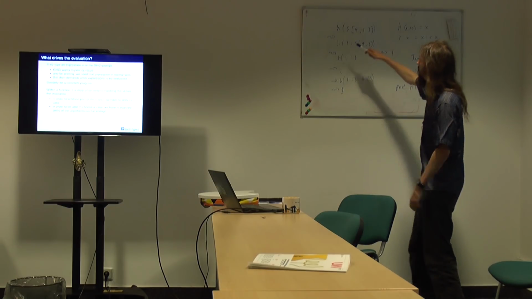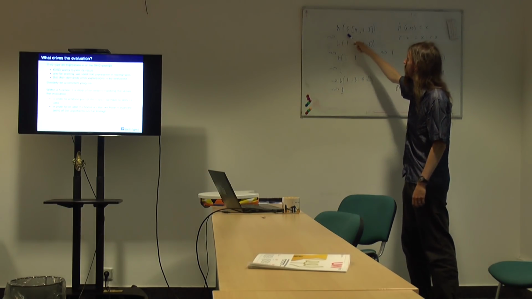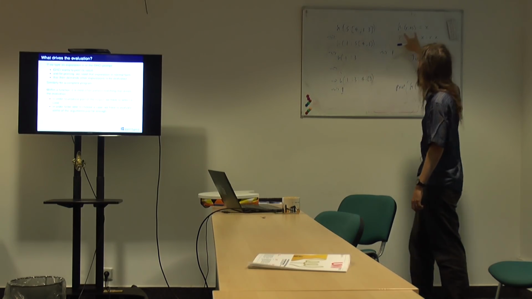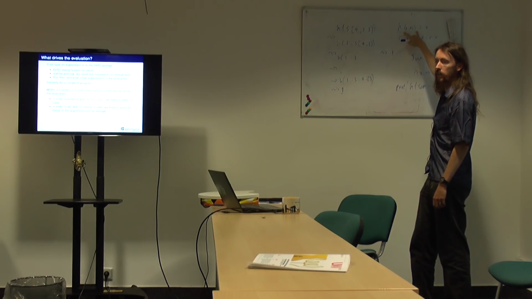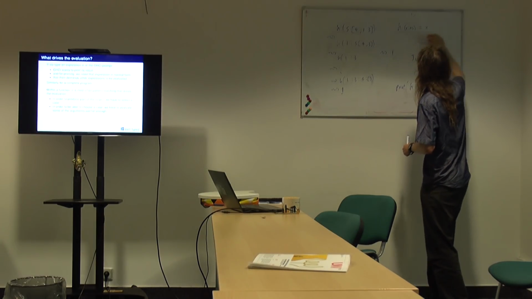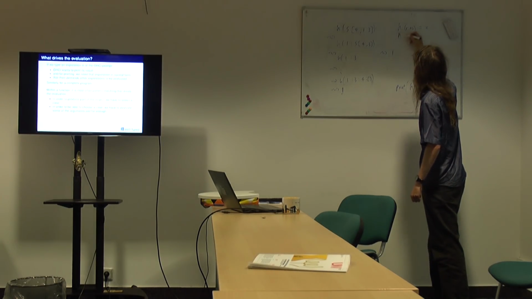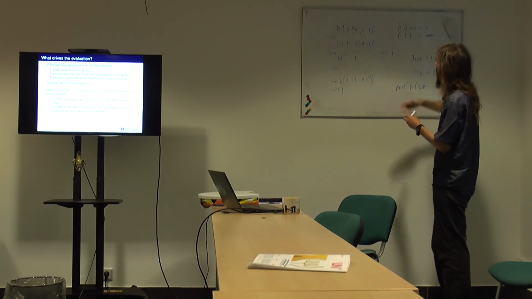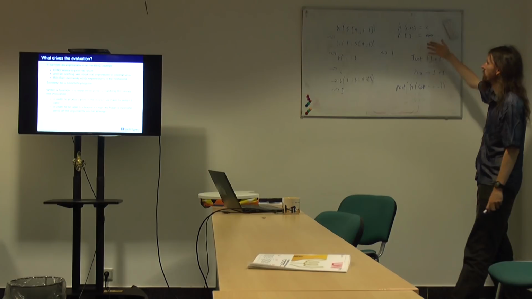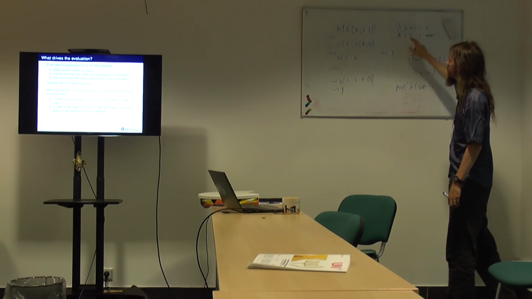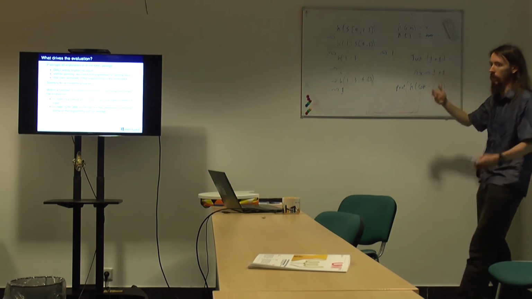So, in this example here, if we're trying to reduce this, what drives evaluation is that head needs to see this pattern. It needs to see which case it's in. Let's look at the definition of head again. Head has these two cases, and that's obviously error. So head is defined in two parts by case analysis, by pattern matching. To determine whether we're in this case or this case, we need to have evaluated the argument at least to weak head normal form.